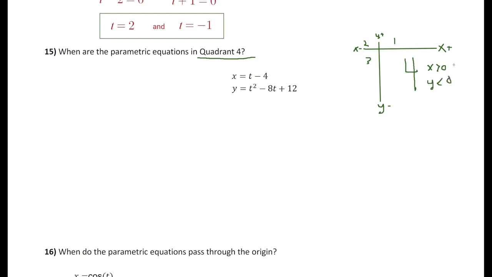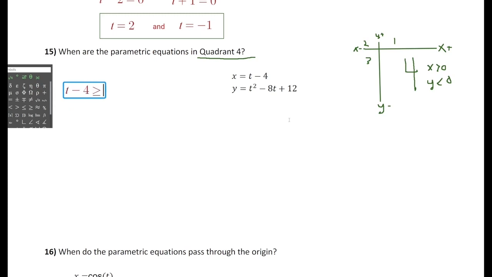So what we need to do is solve a compound inequality where both of these are true. So we've got t minus 4, which is x, that has to be greater than 0, and we also have to satisfy the condition that y is less than 0.